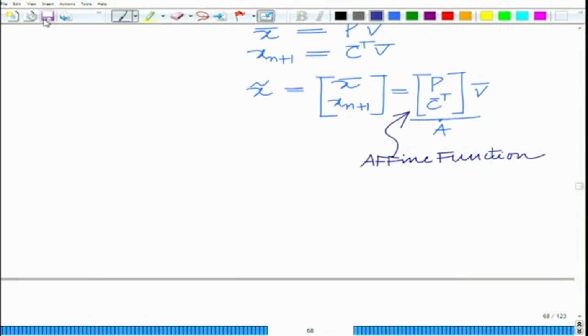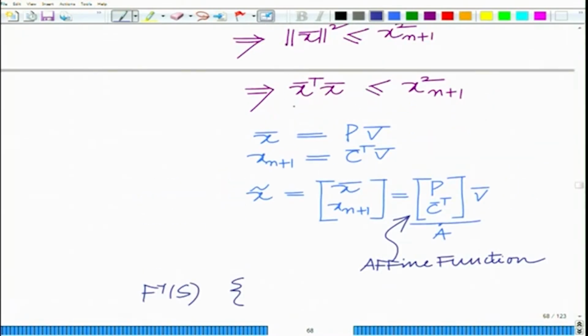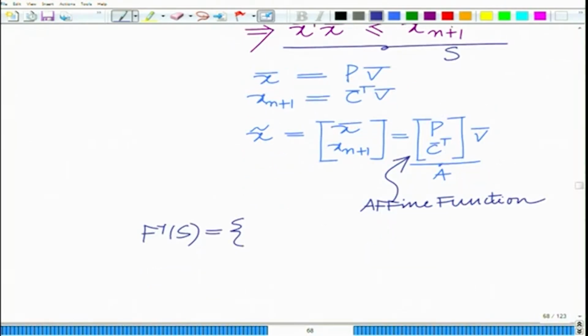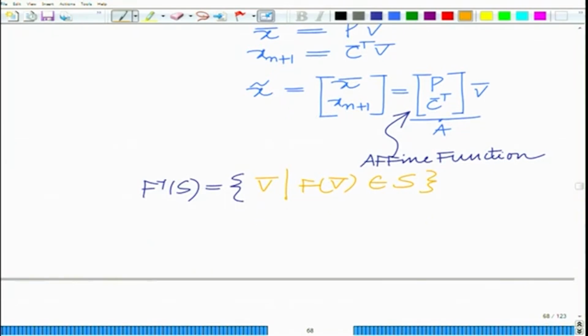Now, we want to find the set f inverse of S. So, this is our convex set S. Now, f inverse of S will be all, let us say, v bar such that f of v bar belongs to S. Now, if you look at f of v bar belongs to S, we have already seen x bar transpose x bar less than or equal to x squared of n plus 1.